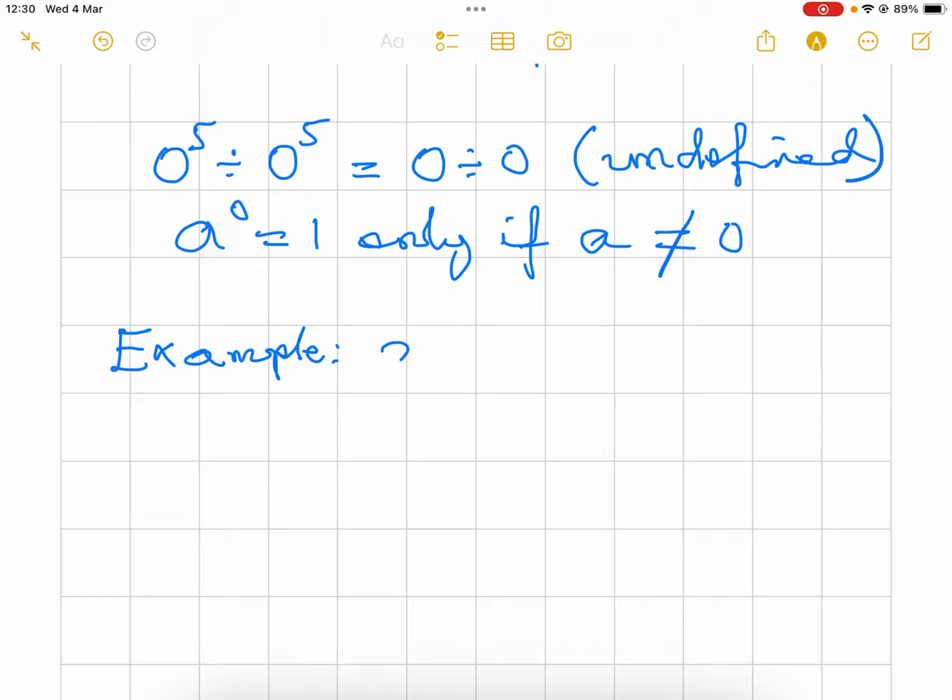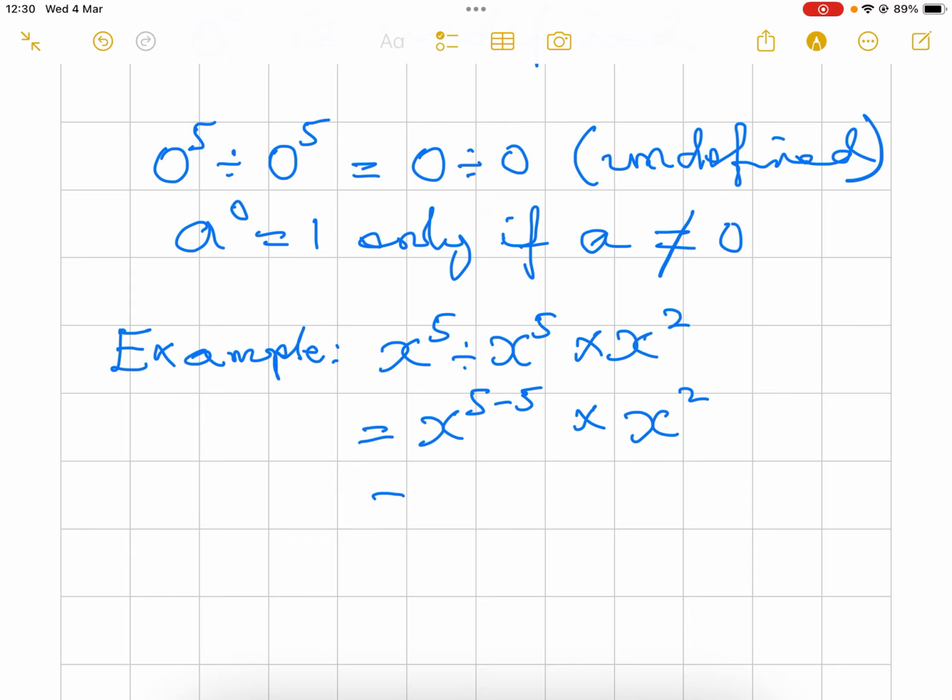If you have x raised to power 5 divided by x raised to power 5 multiplied by x raised to power 2, this is the same as x raised to power 5 minus 5 multiplied by x raised to power 2, which is x raised to power 0 multiplied by x raised to power 2, which is x raised to power 2.